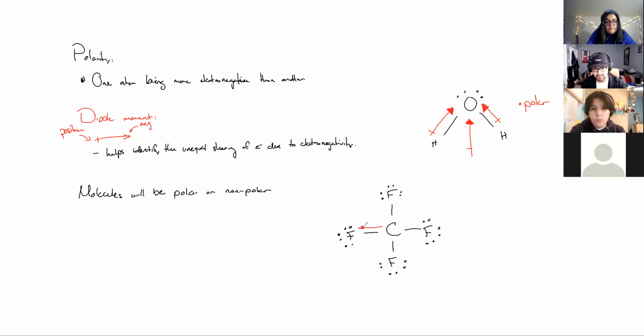So the dipole moments will pull on carbon. Do you think this molecule is polar or non-polar? Non-polar. Why? Because they cancel out the arrows. You have a dipole moment going in each direction, and so that makes the molecule non-polar.